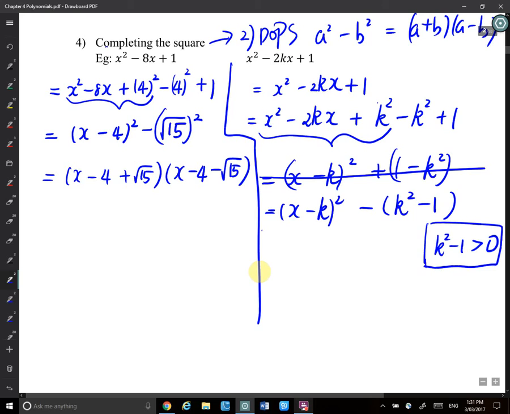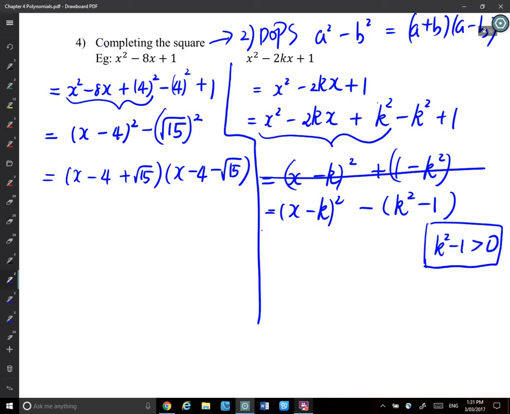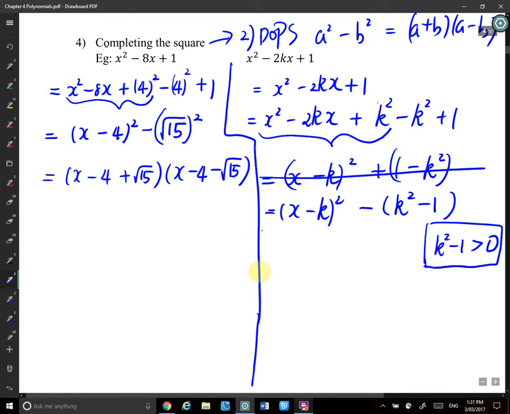You must have that greater than 0. If that's not greater than 0, it's a minus thing minus a negative number, that's a plus, and I cannot do anything to that. So that is x minus k squared minus square root k squared minus 1, the whole thing squared.